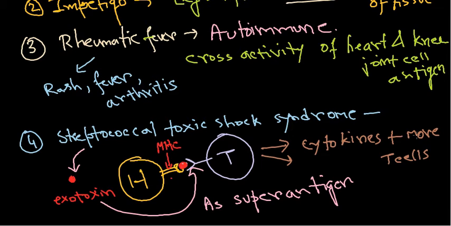This ultimately results in propagation of T cells, and finally these chemical mediators like cytokines and leukotrienes will damage the tissue. So the end product of all this is tissue damage, and finally it can cause disease. So these are the major four types of clinical conditions brought about by Streptococcus species.